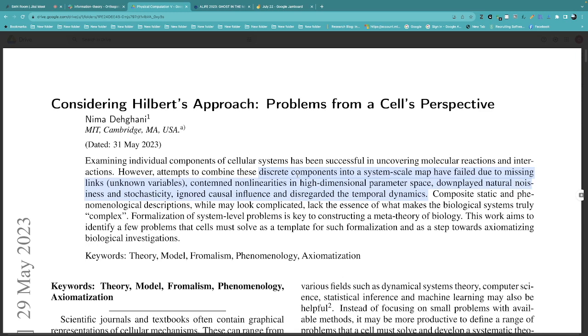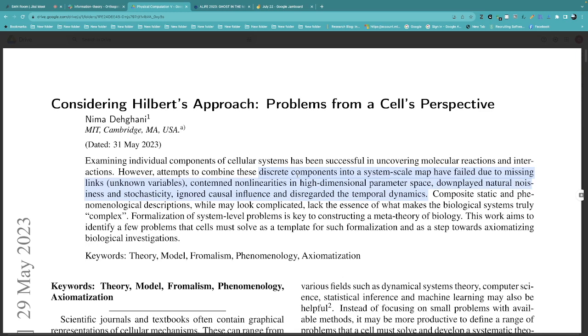And because computational frameworks tend to be discrete, with different properties of digital computation, they miss a lot of the complexity, things like noisiness, stochasticity and temporal dynamics that are key to these kinds of systems.